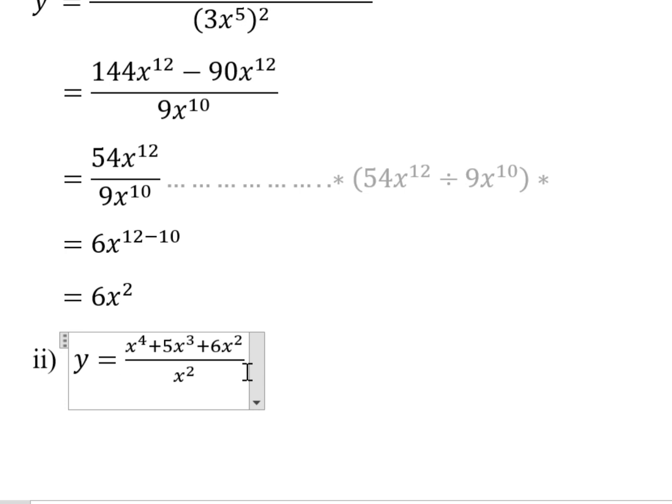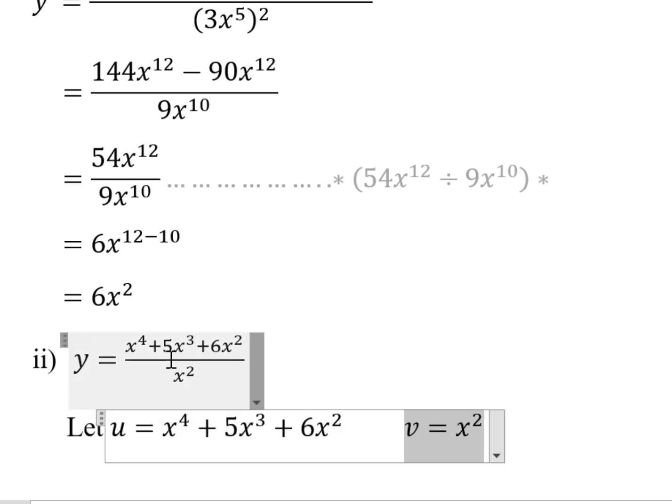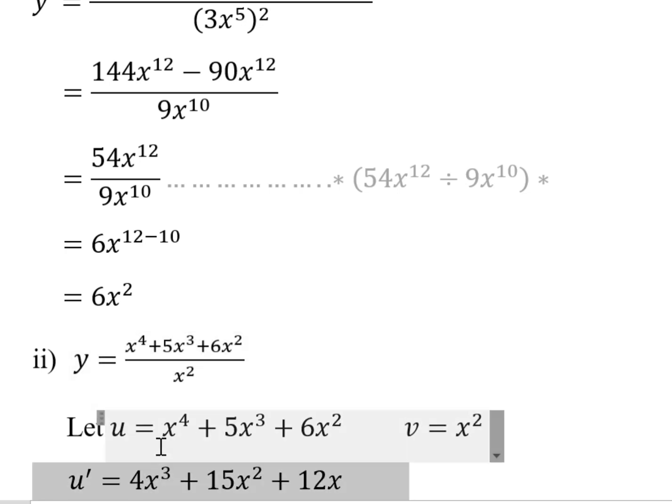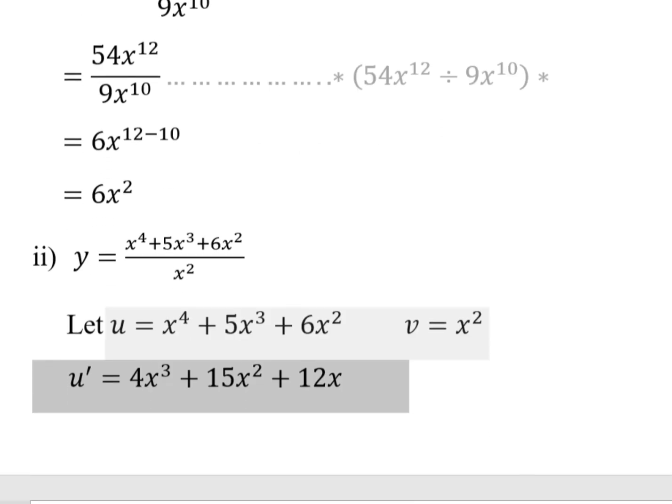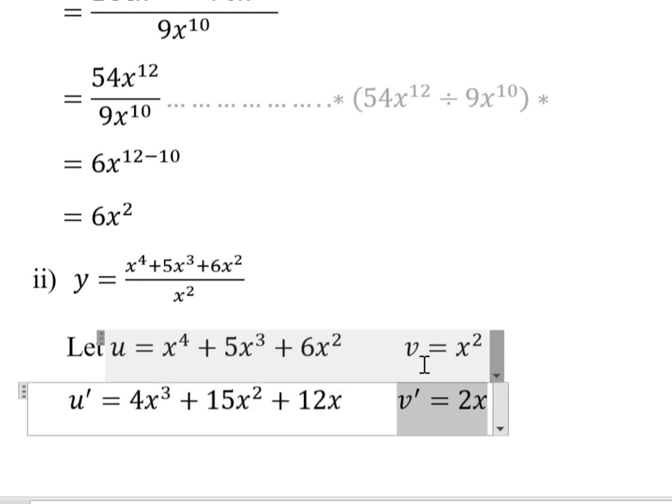So we shall split it as let u be equal to the numerator function and v be the denominator function. Differentiating each one of them, you will get u prime being equal to 4x cubed plus 15x squared plus 12x, and for this one, v prime will be 2x.